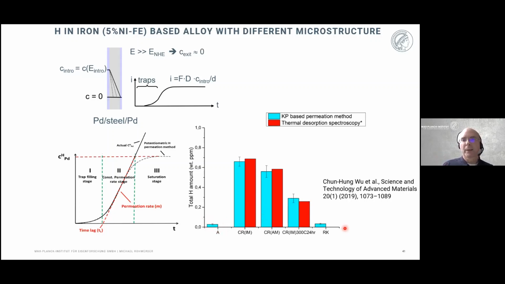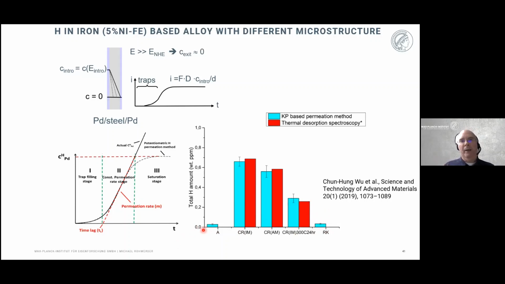In the annealed and recrystallized sample, the hydrogen was already out of the material before we could start TDA. But because the Kelvin probe permeation measurement is an in situ technique, we can calculate from the time lag very nicely how much hydrogen is in the lattice. So you can do this fully quantitative.